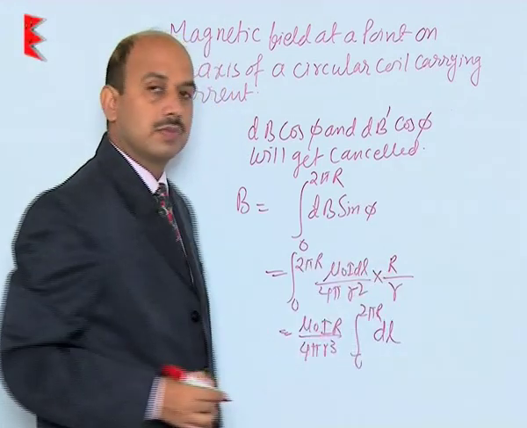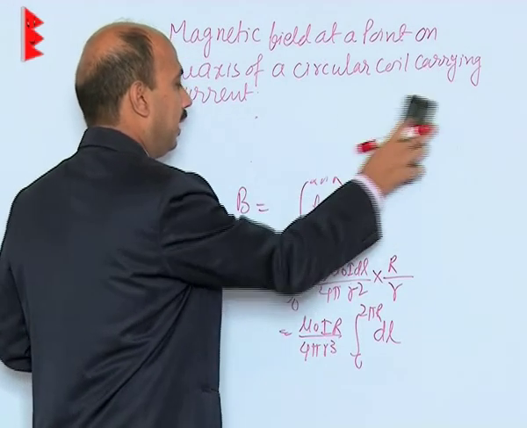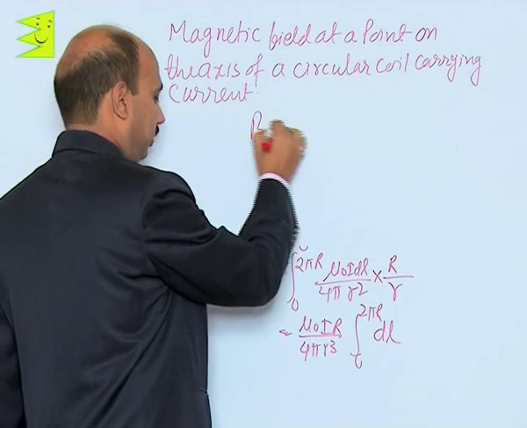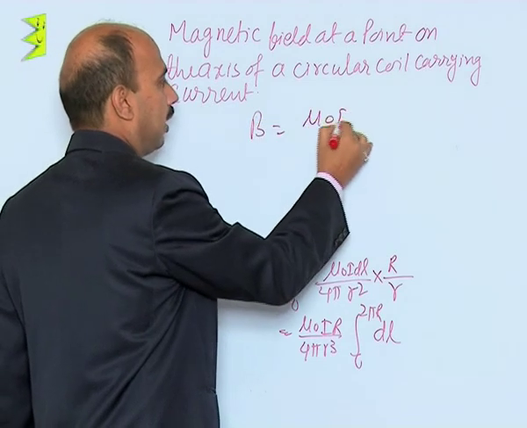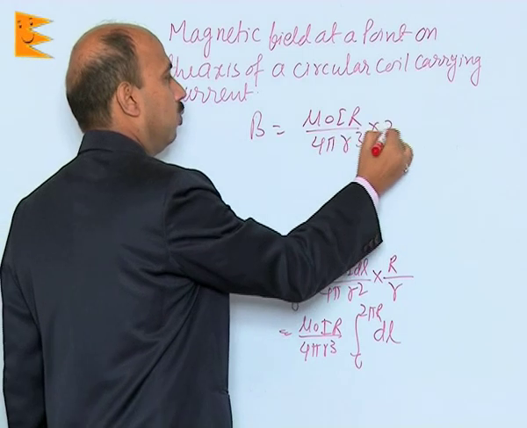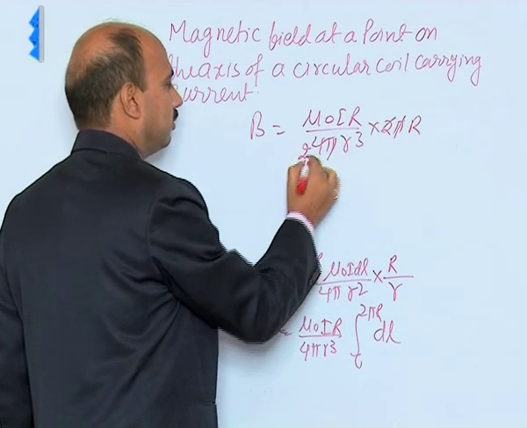So B is equal to mu naught I r upon 4 pi r cube into 2 pi r. The pi and the 2 will get cancelled.